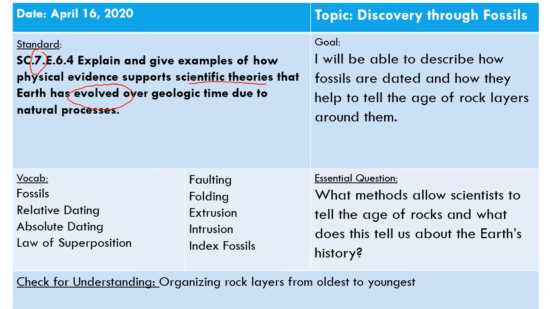We are working towards answering our essential question: what methods allow scientists to tell the age of rocks, and what does this tell us about the Earth's history? This is ultimately what we're trying to find out. What does it tell us about Earth's history? That's our big picture. And our check for understanding today is we should be able to organize rock layers from oldest to youngest by looking at an image of them.